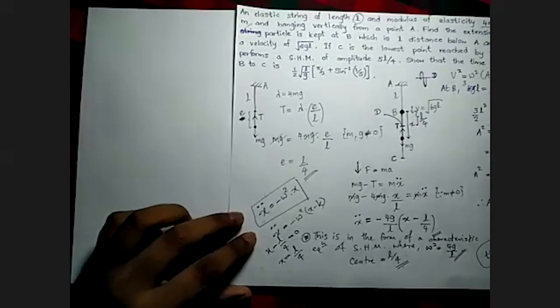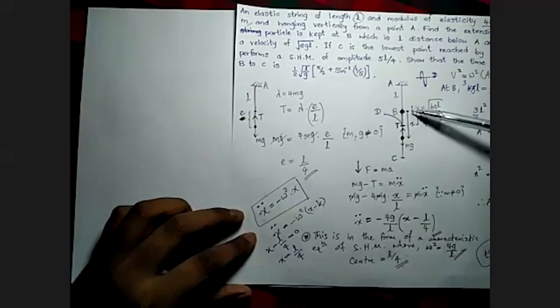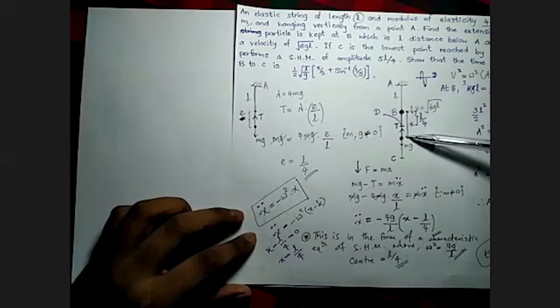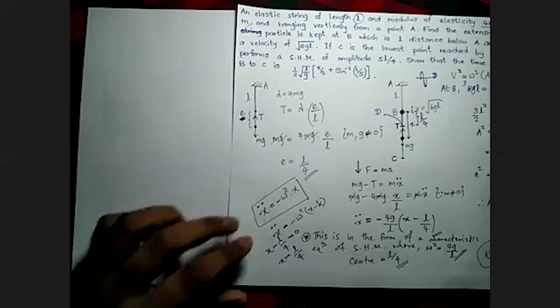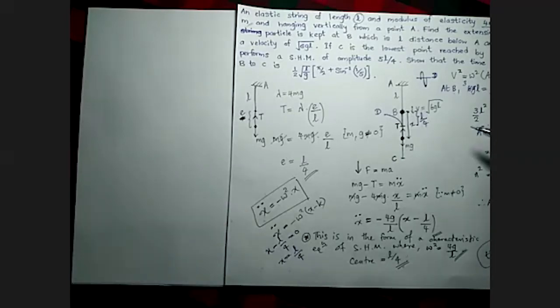In this diagram, we measured X from B. Now we have our amplitude as 5L over 4. Amplitude is the maximum displacement of the particle to either side of the motion.